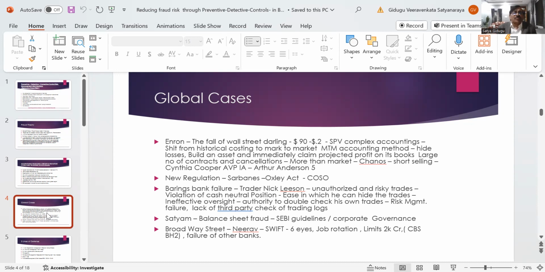Barings Bank is a 180-year-old bank, the strongest bank in the UK. It used to be called the Queen's Bank, with the highest net worth. This Nick Leeson is a trader. He was a back office boy.